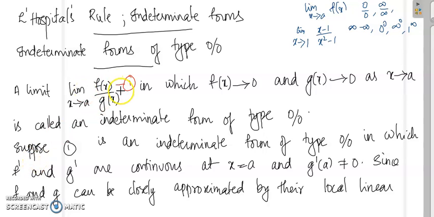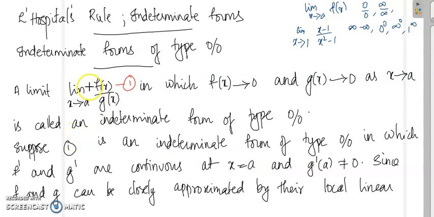And now this is equation 1, and so suppose 1 is an indeterminate form of type 0 by 0, and L'Hospital rule is applied when your function must be differentiable in that case. So f and g are differentiable, that means f dash and g dash exist and they are continuous at x equal to a, and here you have g dash of a not equal to 0.